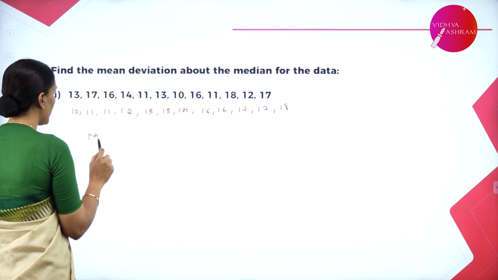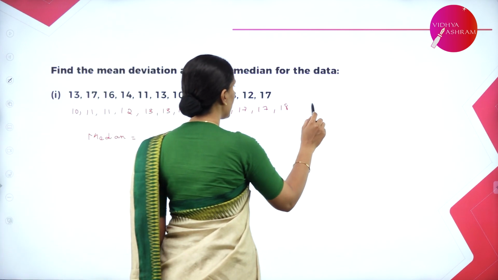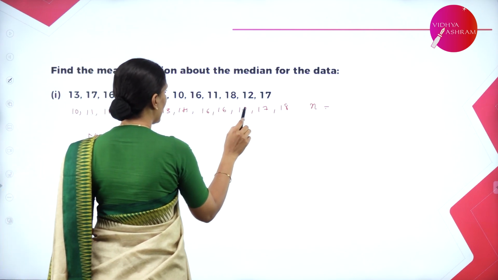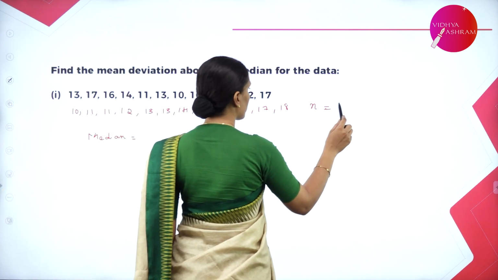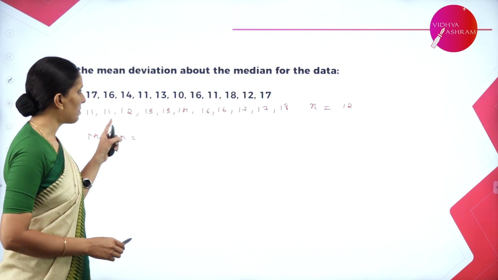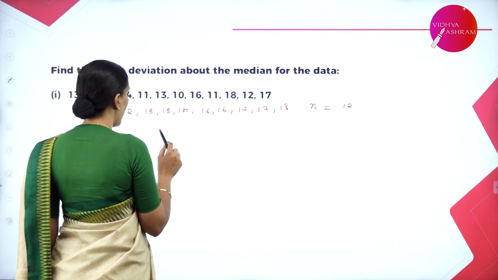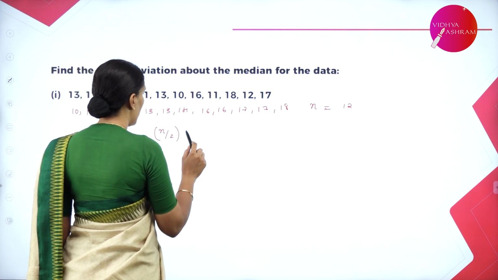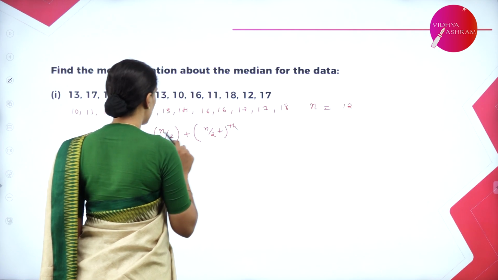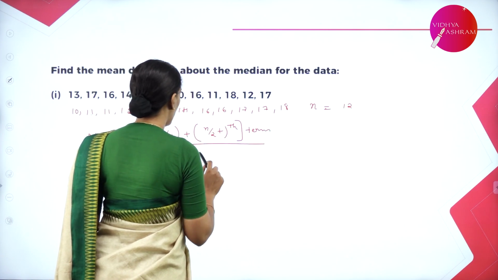To calculate the median, first count the number of observations, that is n. Now we have 1, 2, 3, 4, 5, 6, 7, 8, 9, 10, 11, 12. So since the number of observations are even, we'll use the formula as n by 2 plus n by 2 plus 1th term divided by 2.